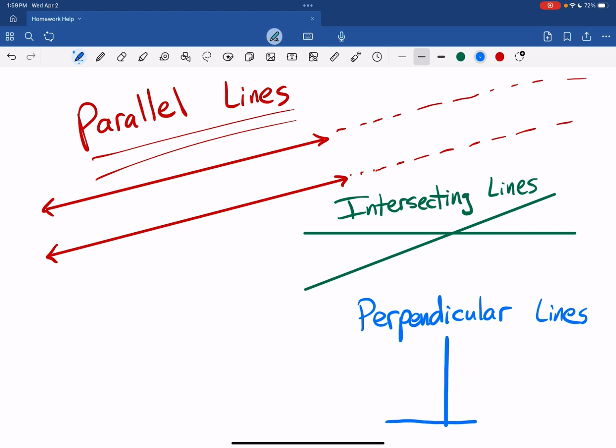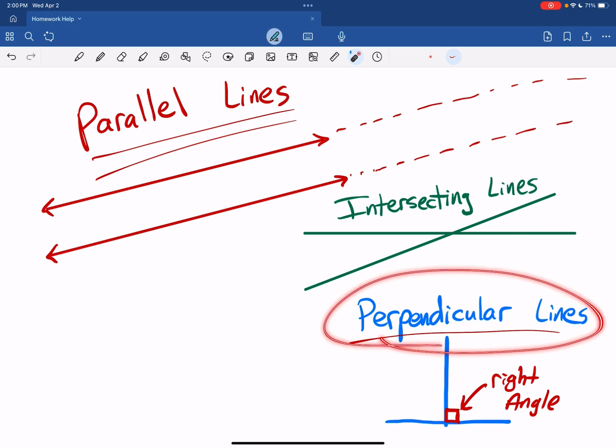So they cross sort of like a plus or a T, and then you can see that they make a perfect square in the corner there, so we call that a right angle. Okay, so perpendicular lines form a right angle when they meet together, when they intersect. We say they intersect at this spot, and where they intersect forms a right angle, okay?